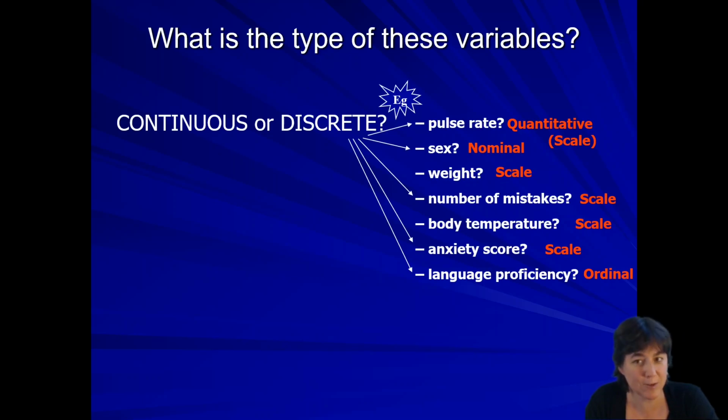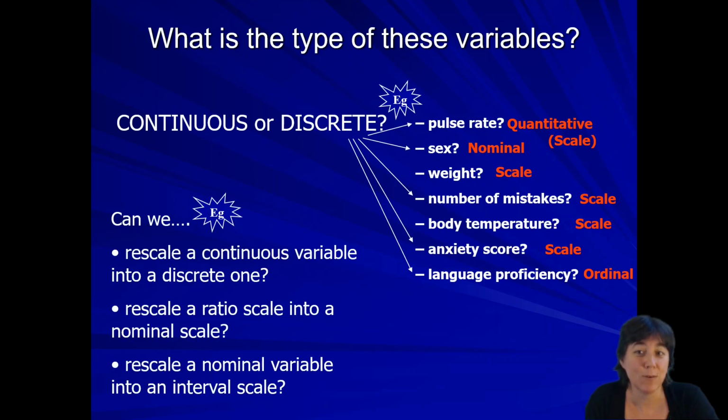Okay, last questions, tricky ones. Can we rescale a continuous variable into a discrete one? Here again, it's a good idea to pause and answer it. Of course we can. How?